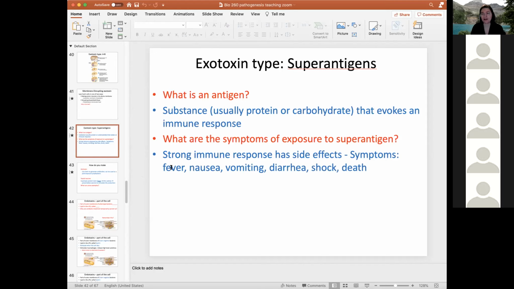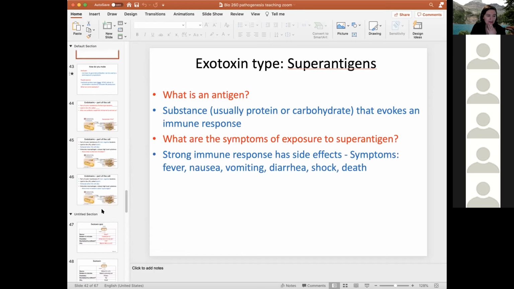A lot of the conversations between white blood cells are accomplished by chemicals called cytokines, and the more cytokine chatter there is, the more chatter there is. It's a positive feedback loop. So you can get to a point where you overexcite the immune response, and then the symptoms are very severe. It can range from resetting your body temperature, nausea, vomiting, diarrhea, to you go into shock and die.